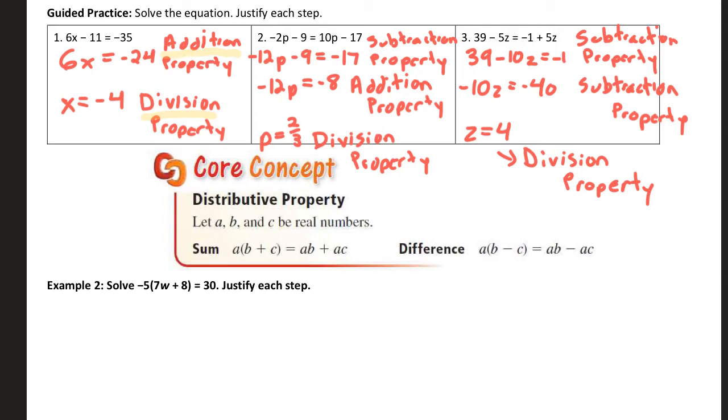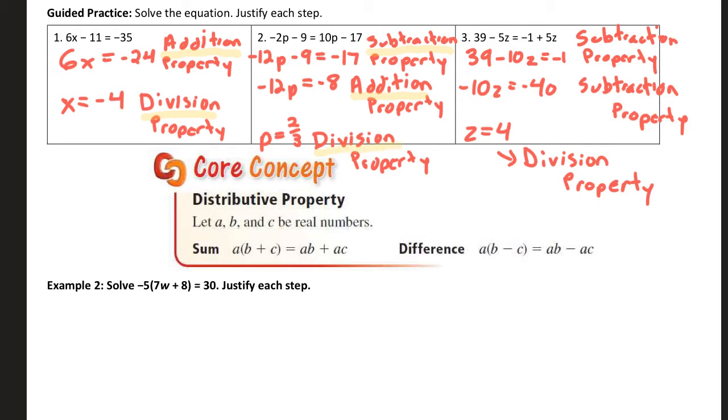In number 2, I moved 10p to the other side using the subtraction property. I got negative 12p minus 9 equals negative 17. I then added 9 to both sides, so that's why I wrote the addition property. And then finally I divided both sides by 12 using the division property.